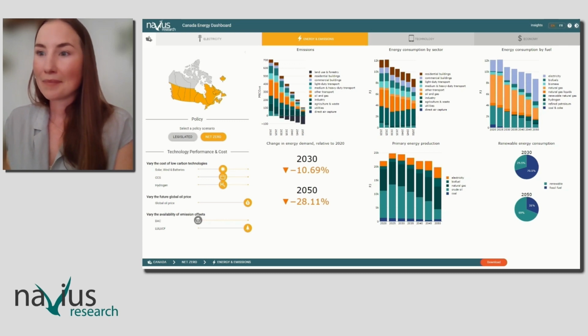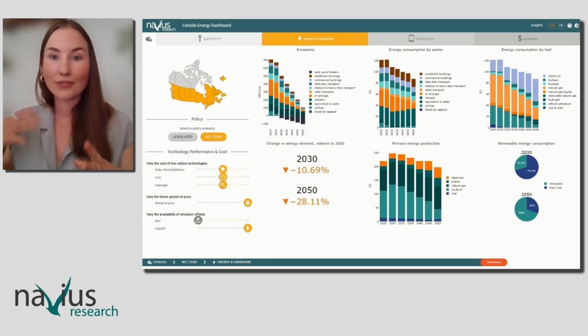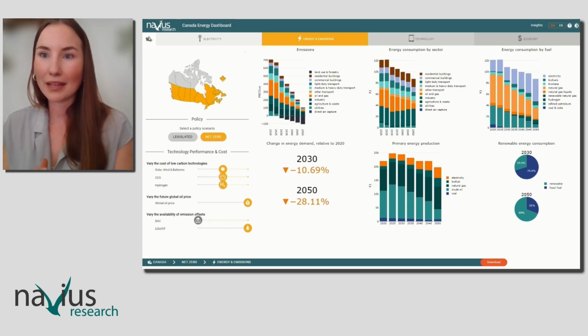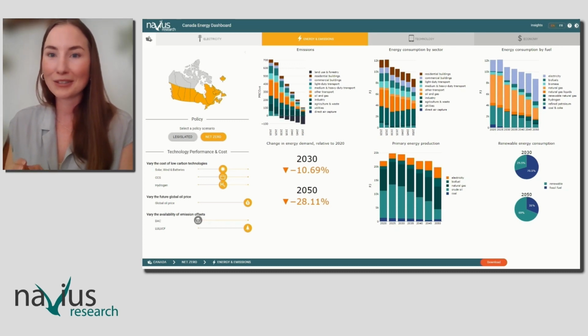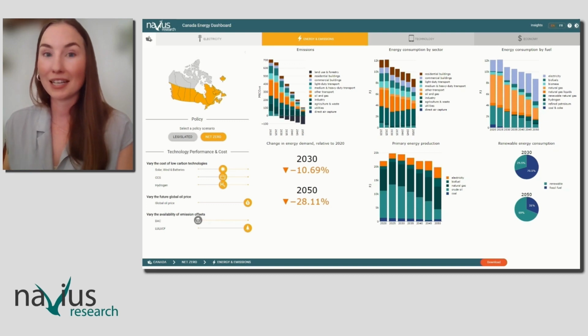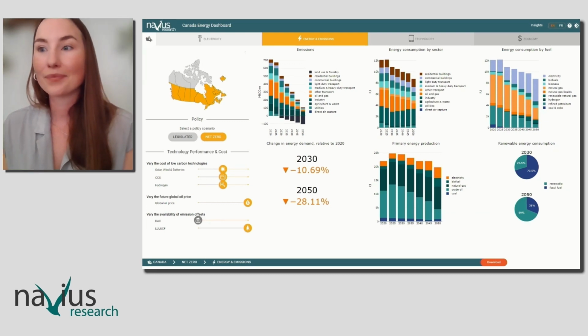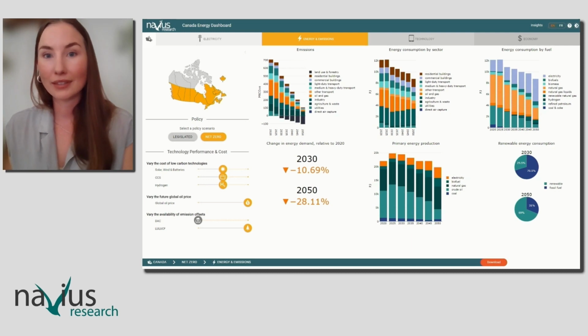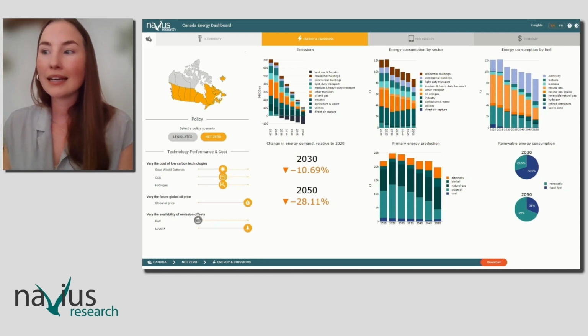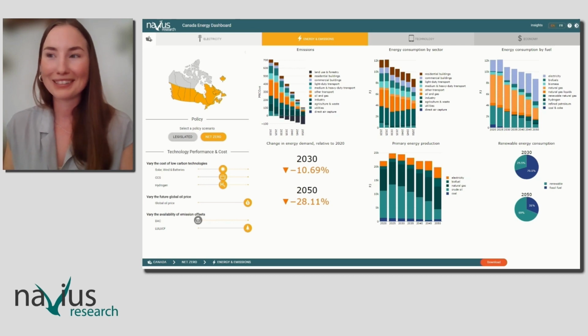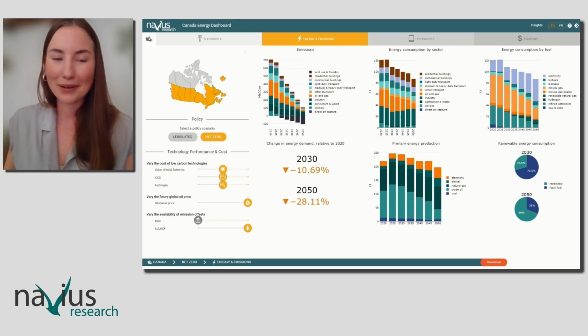I think the environmental impacts of mining for batteries isn't something that we weigh in on in this dashboard. It's something that a dashboard like this highlights as an important question to think about, but it's not something that we would weigh in on unless, Jotham, there's something that you do want to say about that.